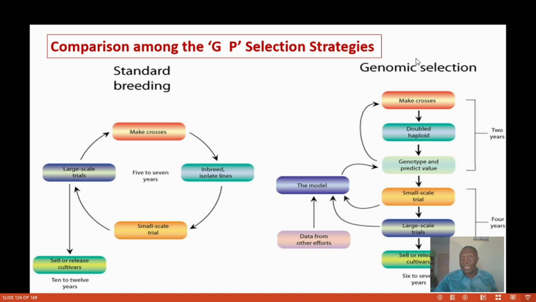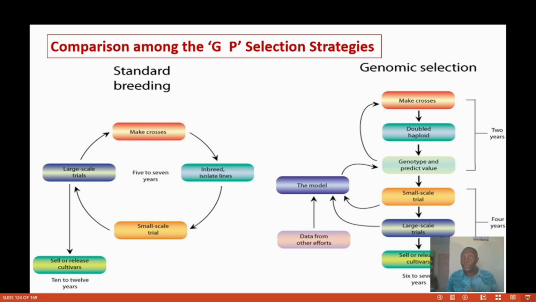Compared to this, in genomic selection we make crosses. When we make the crosses, we can harvest the pollen or the gametes, as they are in haploid condition, that are very good.